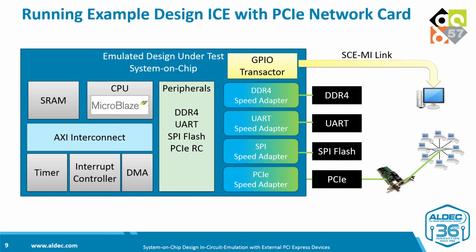So I created a simple GPIO transactor and used SceMi link to connect it to the host workstation, where a simple testbench polls the status registers and displays them in the console. The embedded Linux booted in the MicroBlaze CPU has its standard output messages redirected to the UART port.